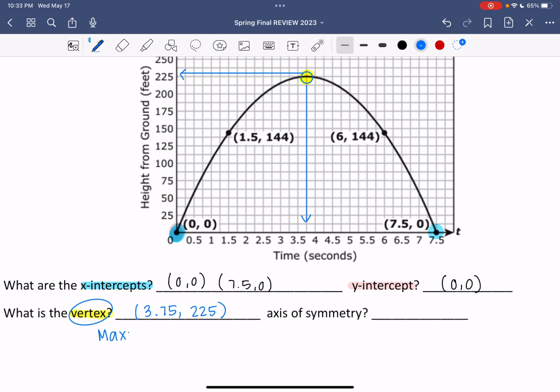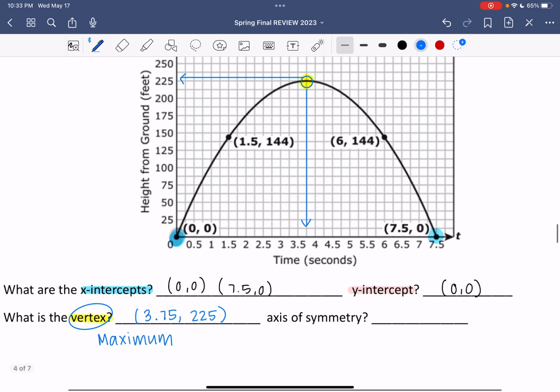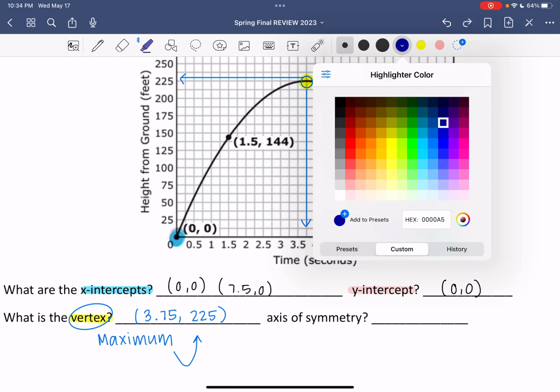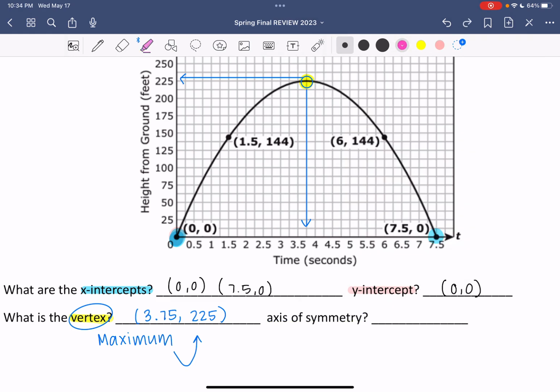So if it ever asks for the maximum, you would put that ordered pair, or you would just put the 225. All right, and then the axis of symmetry. Remember, the axis of symmetry is always a line. Let's do pink.